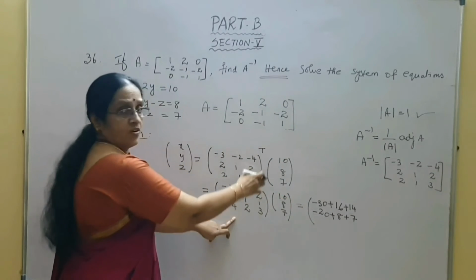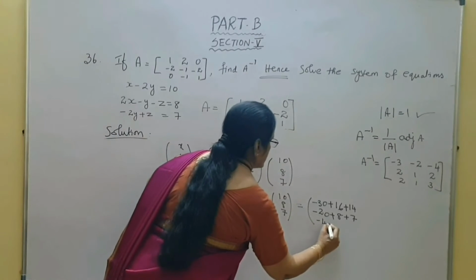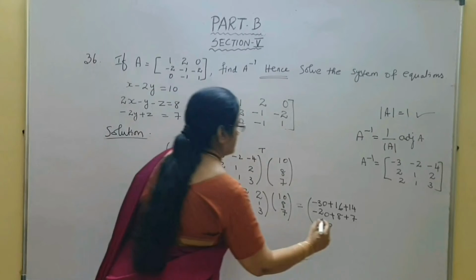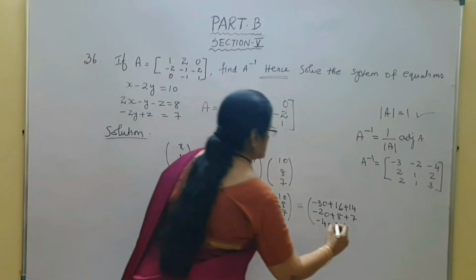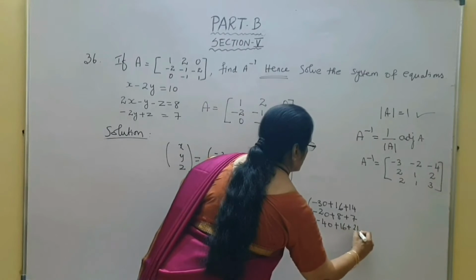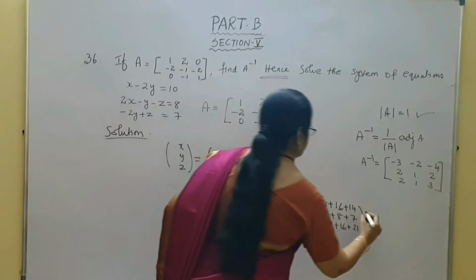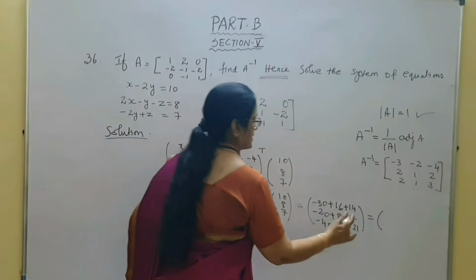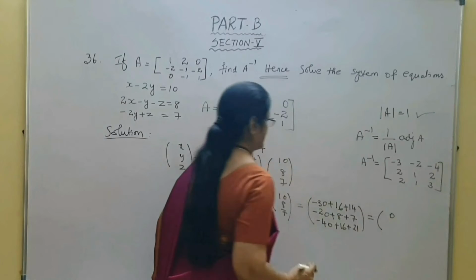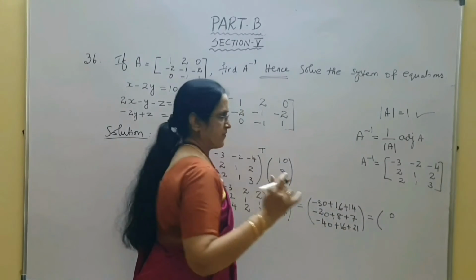Then third row, minus 40. 2 into 8, plus 16. 3 into 7, plus 21. Which is nothing but, here 30 minus 30, 0. Then 15 minus 20, minus 5.